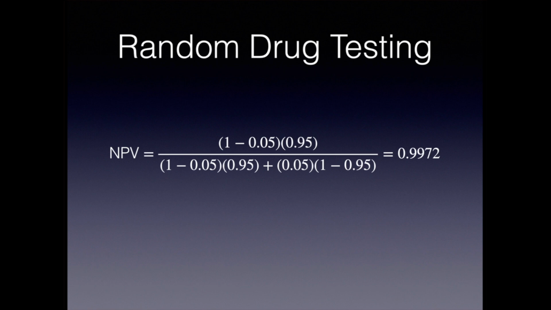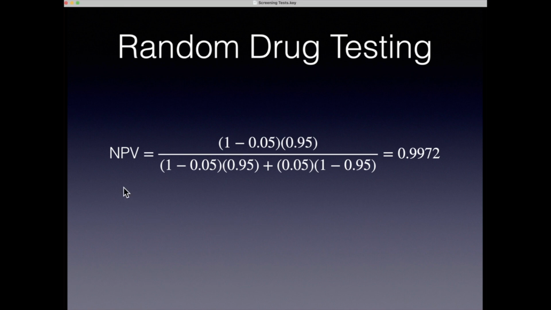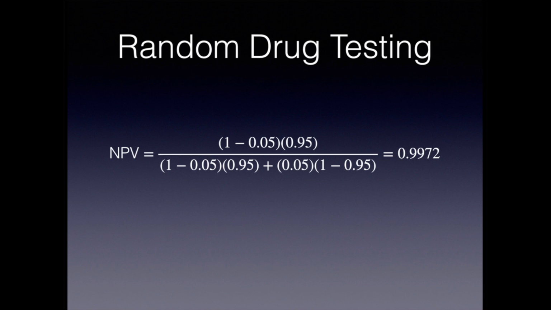Once a test comes back negative, the quantity that we need to consider is the negative predictive value. In this case, the negative predictive value would be 0.9972. So we would be almost assured that the person does not use drugs if their test came back negative.